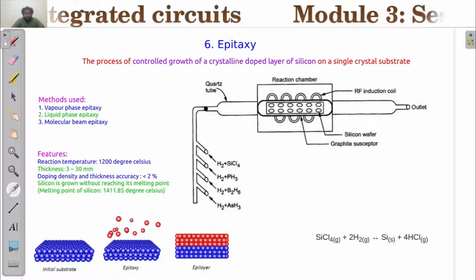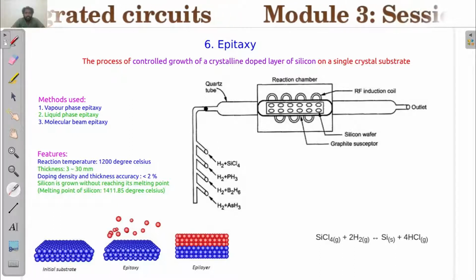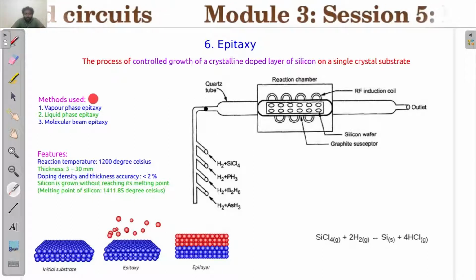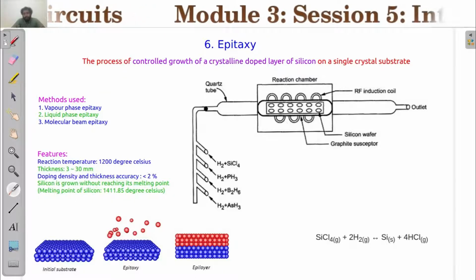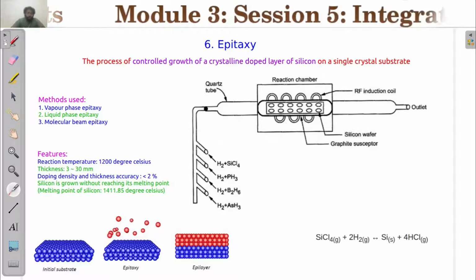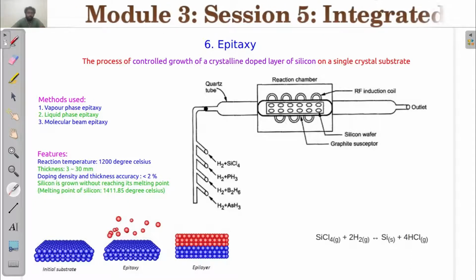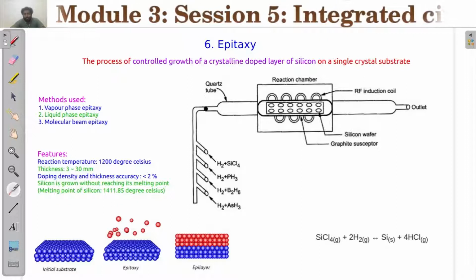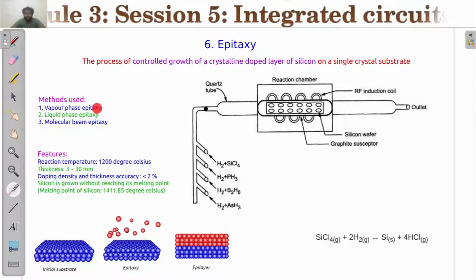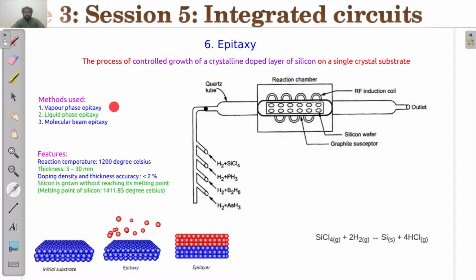This is the process of epitaxy, and there are three methods used for performing it. One is vapor phase epitaxy, where all the components, all the gases, will be provided in vapor phase. All the reactions will be in vapor phase. The second is liquid phase and the third is molecular beam epitaxy, and we'll be considering vapor phase epitaxy here.